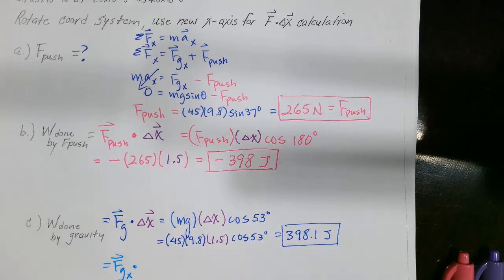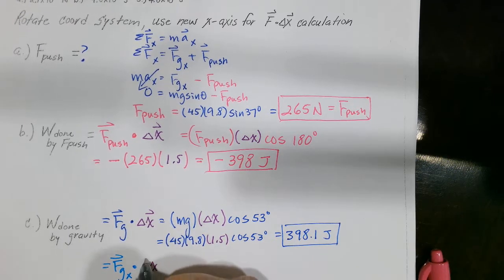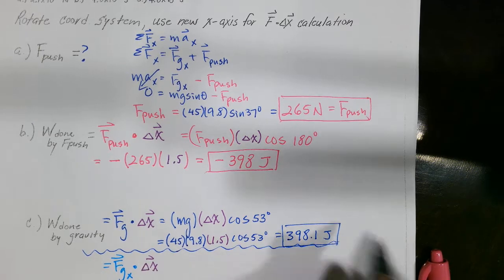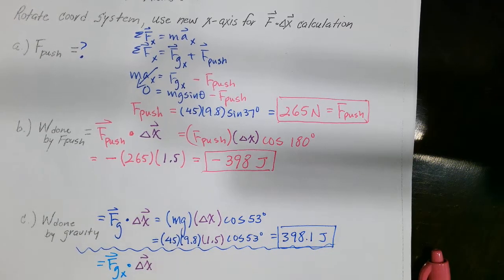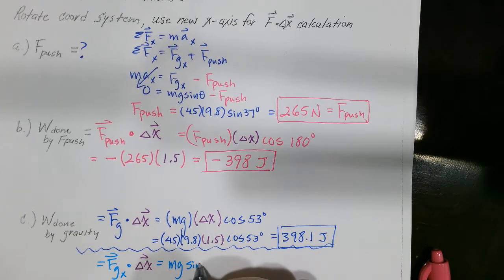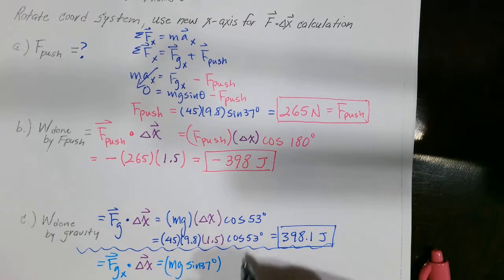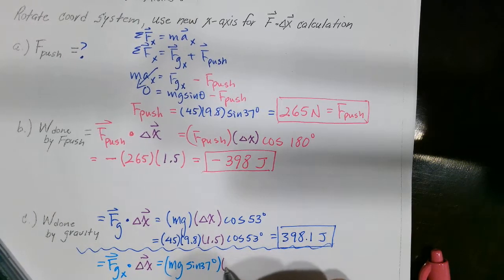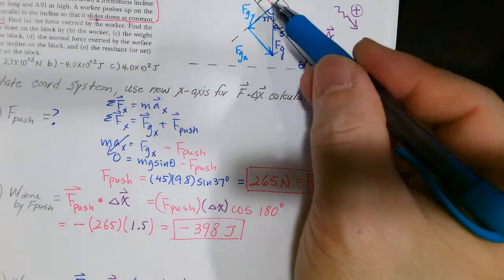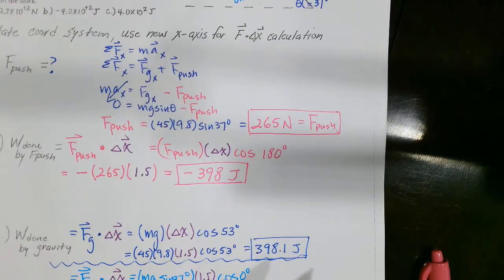Fgx dot delta X. Right, so this is one way of doing it. If I were to do it this way, then my Fgx is mg sine of 37 degrees times 1.5 times cosine of 0 degrees, because Fg and delta x are in the same direction, so 0 degrees.